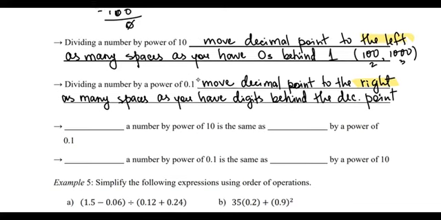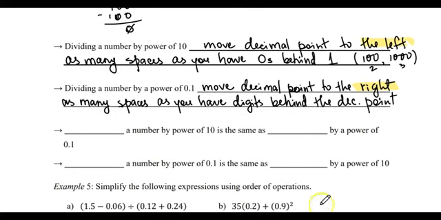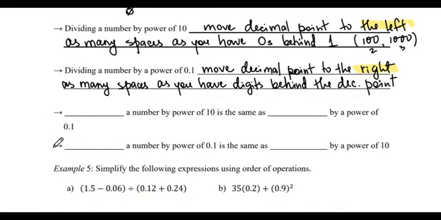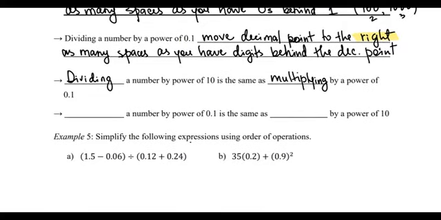So, and then one last connection that we are going to make between these two is that, let's see, dividing a number by a power of 10 is the same as multiplying by a power of 0.1, and the opposite.